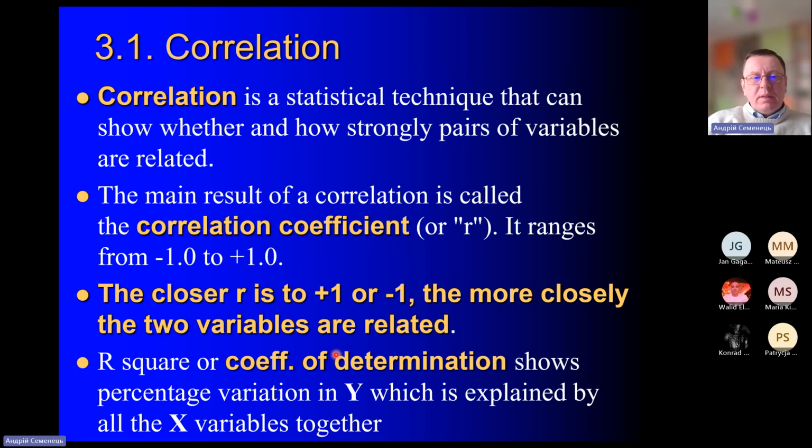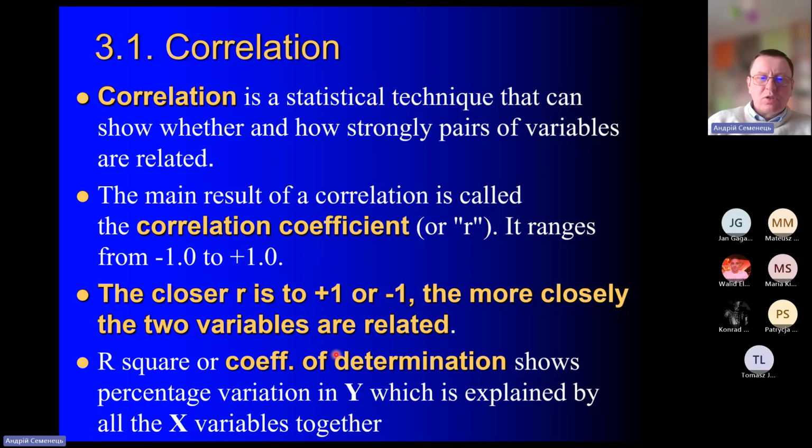Okay, let's talk about correlation. First of all, the definition, and then its place among other kinds of statistical analysis. Under correlation, we understand statistical techniques that show whether and how strongly a pair of variables are related to one other. So here are the main points. A pair of variables, so it is applicable only if we have two variables.